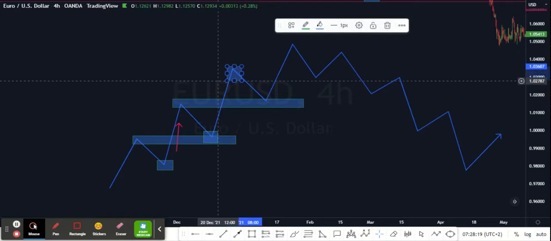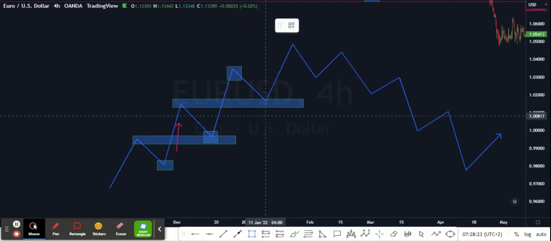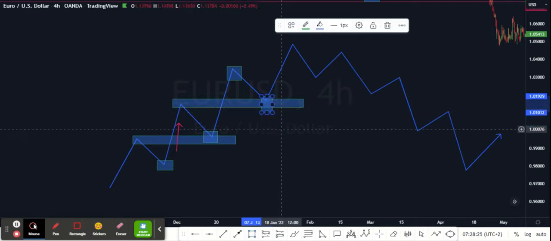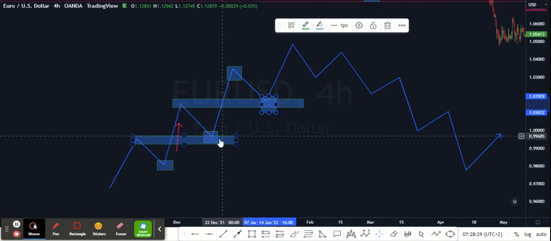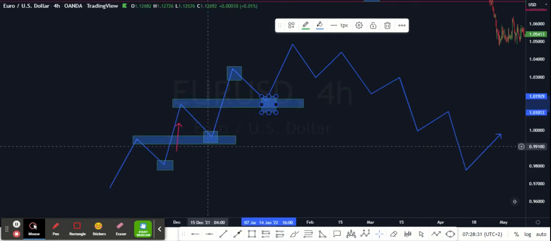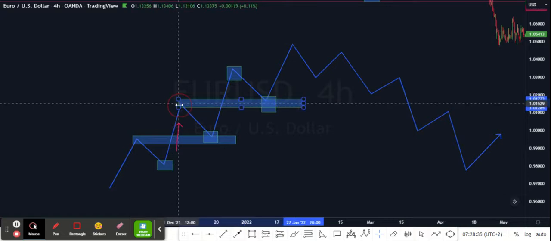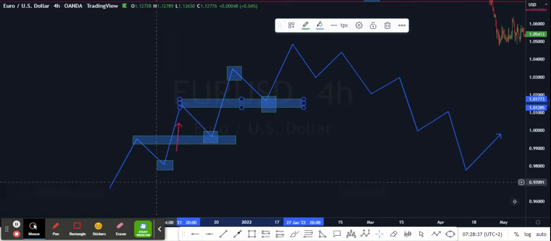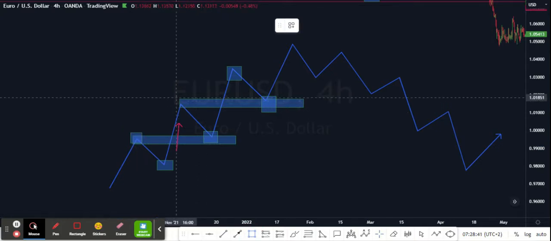And you can see another swing low, which is what? Higher than the previous, it's a higher low. So we're forming higher lows, higher highs. You see this high here and another one here.